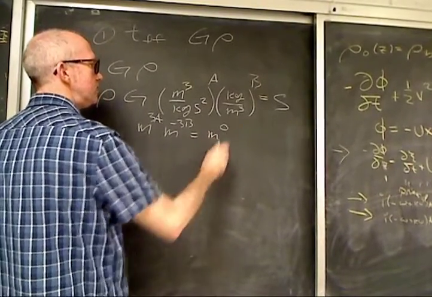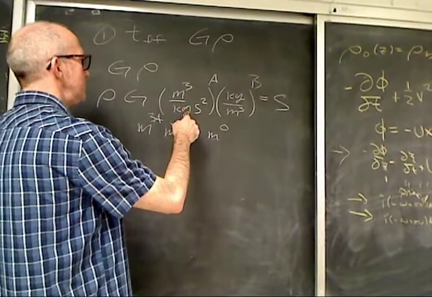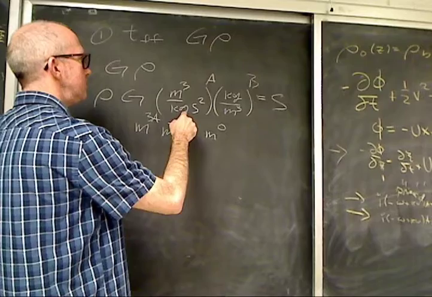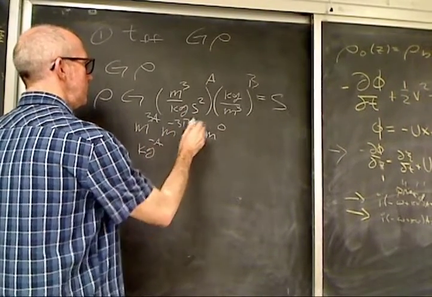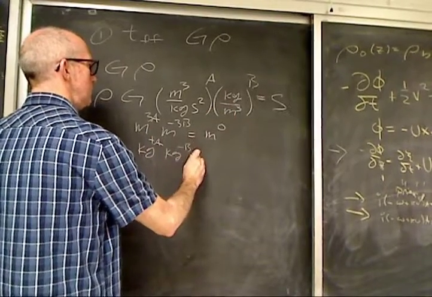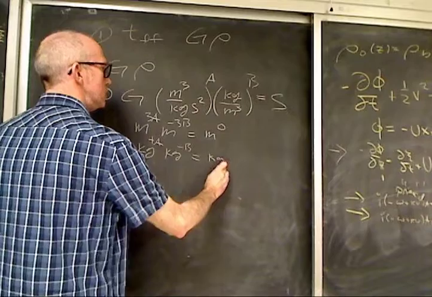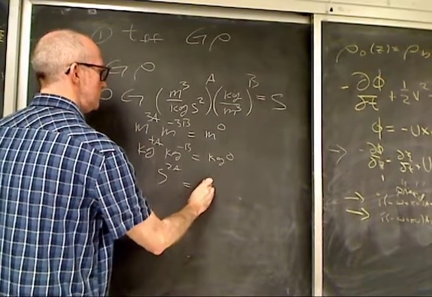That's what makes sense. Kilograms: kilograms to the minus a, kilograms to the plus a minus b equals kilograms to the 0, and then seconds to the 2a equals seconds.